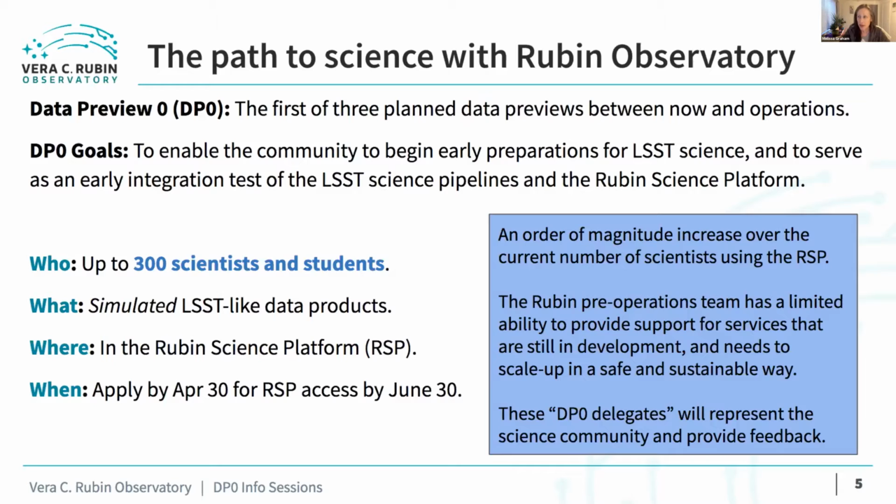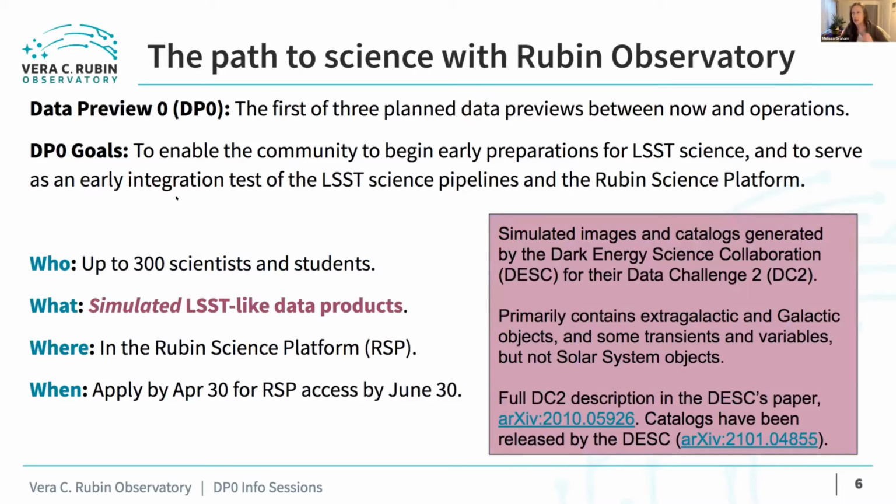We're calling these 300 scientists and students that we'll welcome with RSP accounts DP0 delegates, to represent their role as early testers and representatives of the community in the feedback they provide. What they'll be doing in the Rubin Science Platform is using the tools to analyze simulated LSST-like data products.